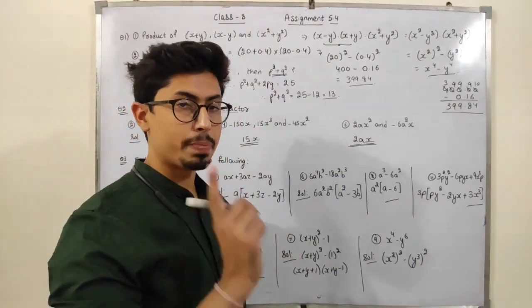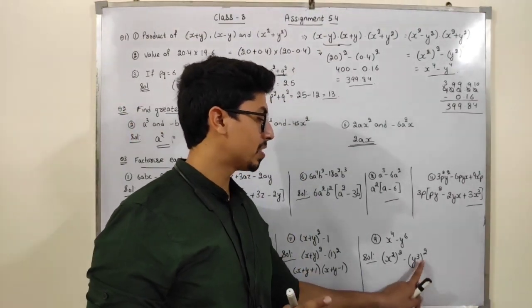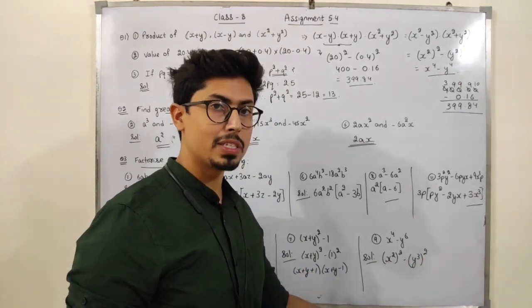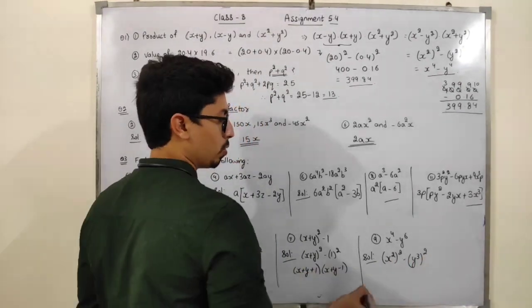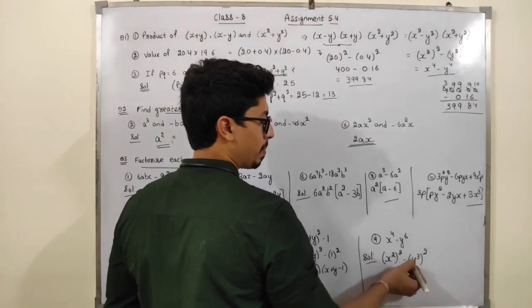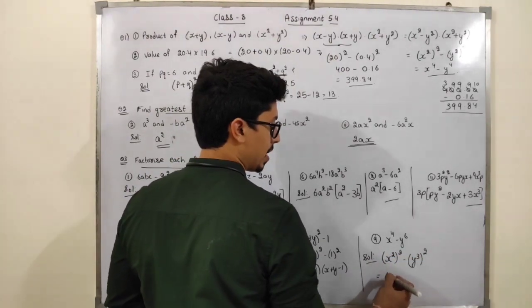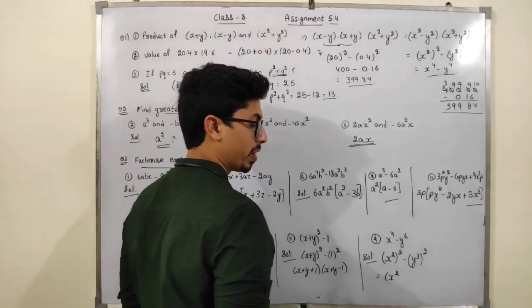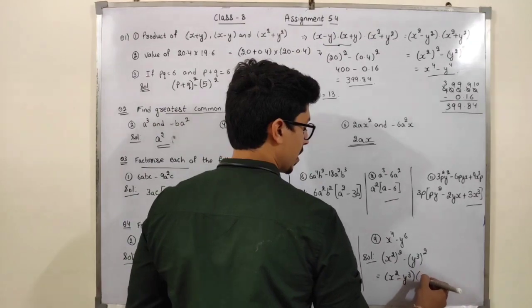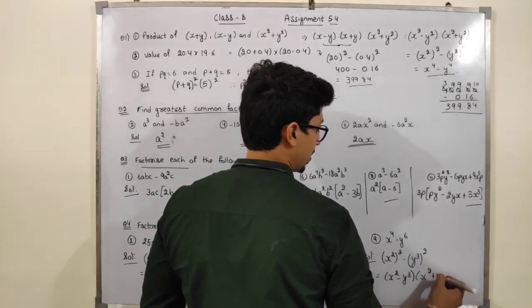Students, make sure that 3 will be inside and 2 will be outside, because I have to use a square minus b square. So now this will be a, and this will be b. So a square minus b square will be a, that is x square, minus b, that is y cube, and a, that is x square, plus y cube.